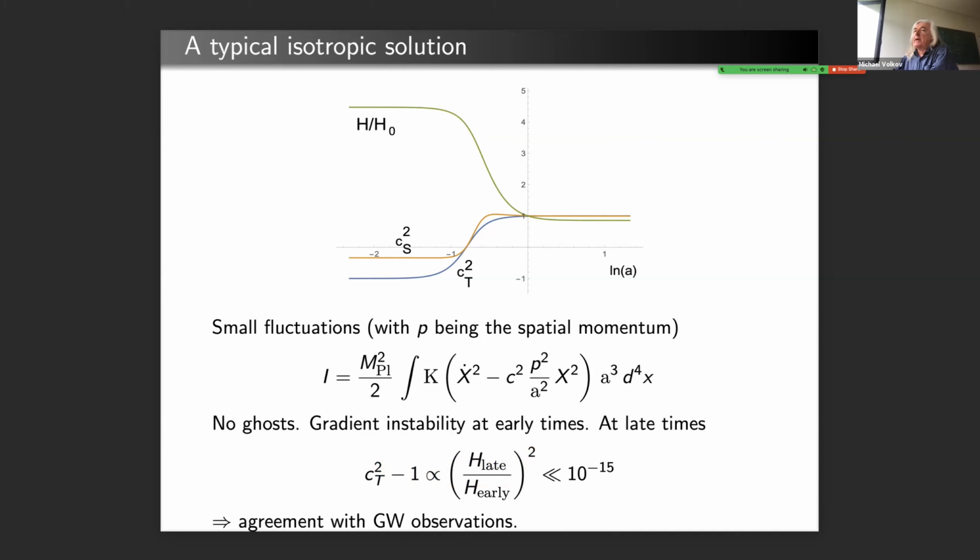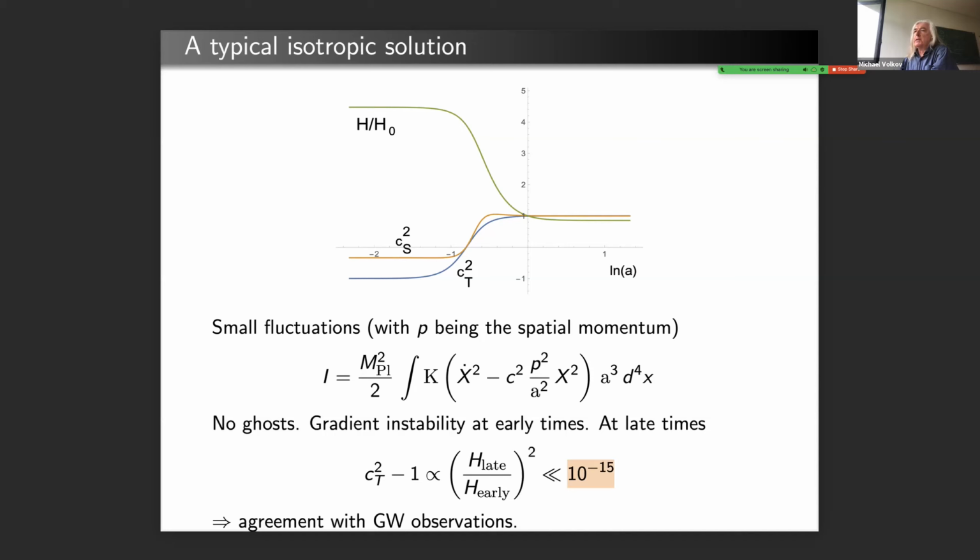And if you take for the late Hubble the actual measured value, and for the early Hubble the value predicted by the inflationary models, then we get a number which is many orders of magnitude less than the experimental bound mentioned by Karim in his talk. Therefore, these models are actually in perfect agreement with the observations.